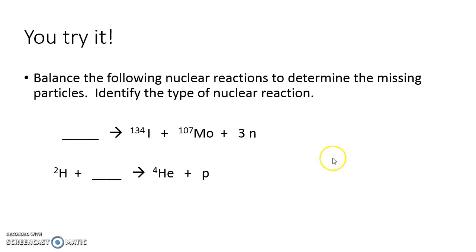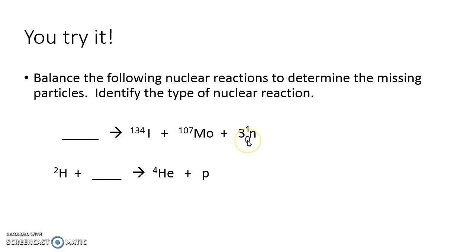Okay, go ahead and balance these reactions using just the same technique that you did before, but in addition, identify the type of nuclear reaction. Okay, the first thing we have to do is fill in the parts of the information that we can get from either our knowledge or the periodic table.